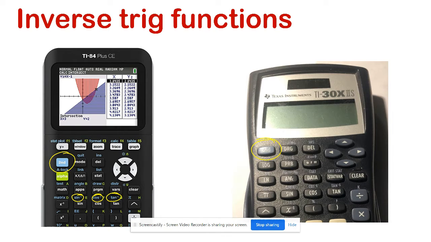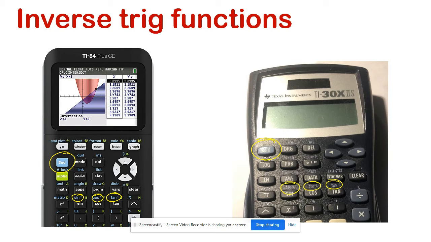You can't see it very well on the TI-30 over here on the right, but on the graphing calculator, you can see above the sine button, it says inverse sine, sine with little -1. Same with the cosine and tangent button. So that's how you would do it on these calculators. Hit second and then the sine, cosine, or tangent button.